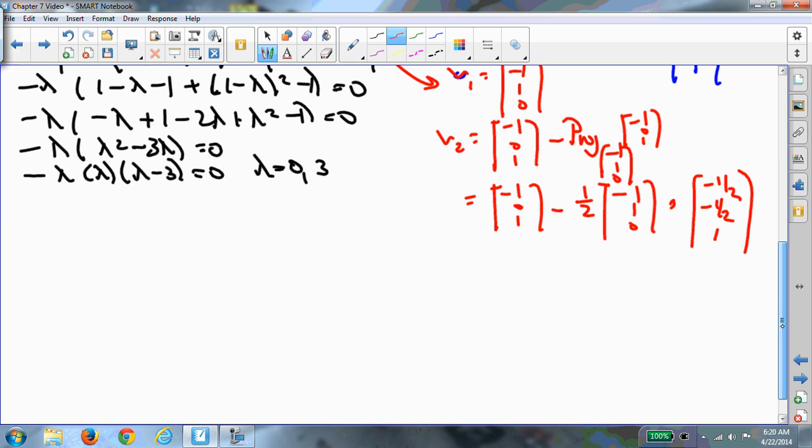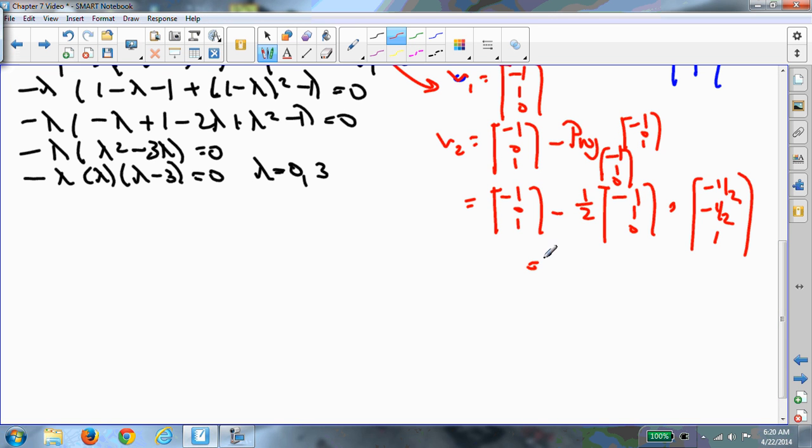I'm going to rescale that just so it's easier for me to look at. So I'm going to make this into negative 1, negative 1, and 2. And now notice this one, negative 1, negative 1, and 2.